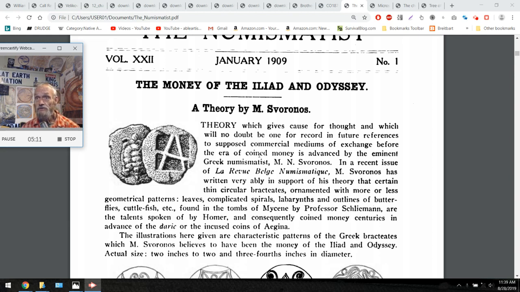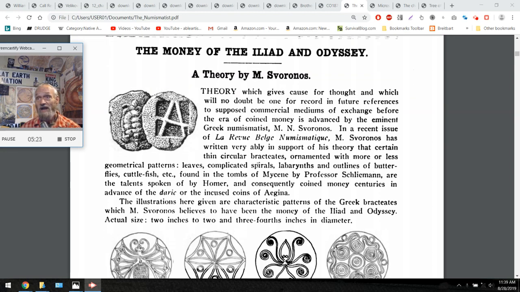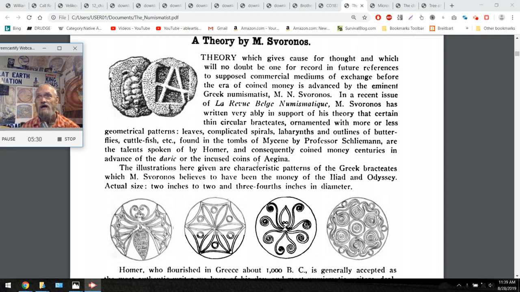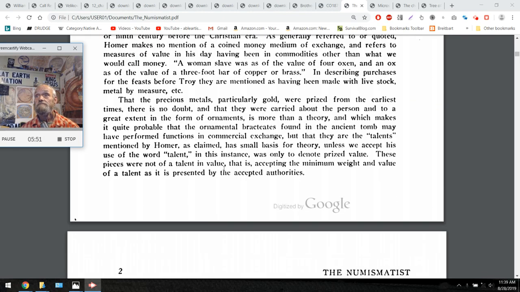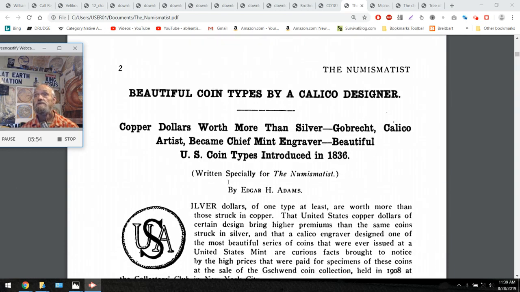In a recent issue of Revue Belge de Numismatique, Mr. Svoronos has written very ably in support of his theory that certain thin circular bracteates ornamented with more or less geometrical patterns, leaves, complicated spirals, labyrinths, cuttlefish found in the tombs are the talents spoken of by Homer, and consequently coin money a century in advance of the Daric or the incused coins of Aegina. Well, that doesn't interest us too much.